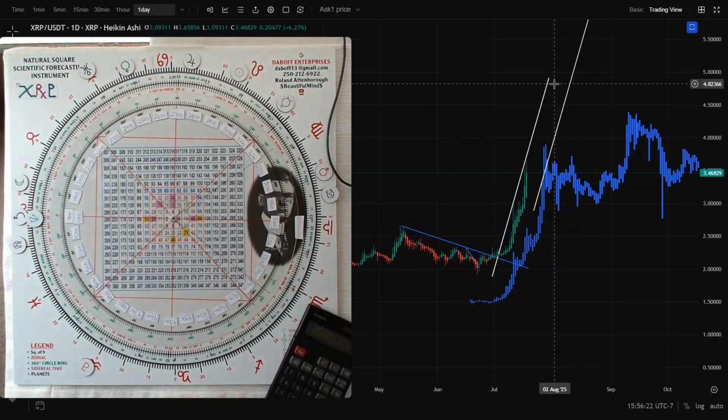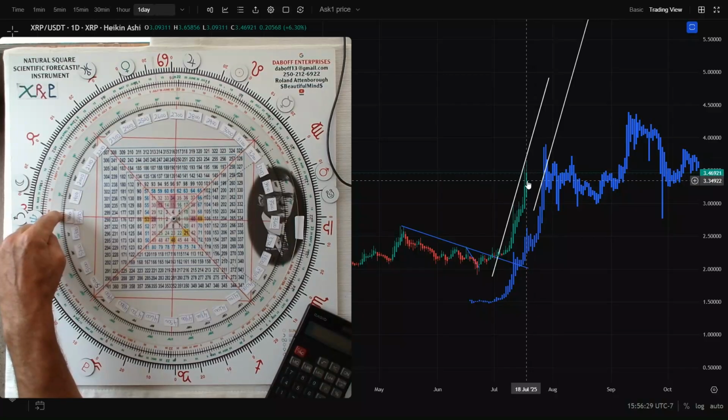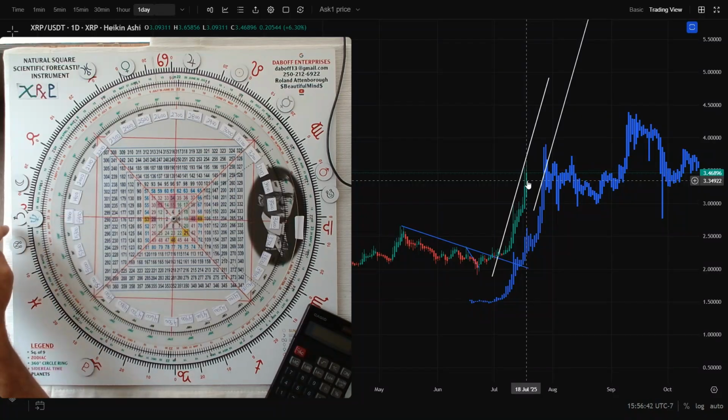So basically 361 degrees. What's the price? Right? 365 was the highest we went. Come on, guys. Saturn is restriction.